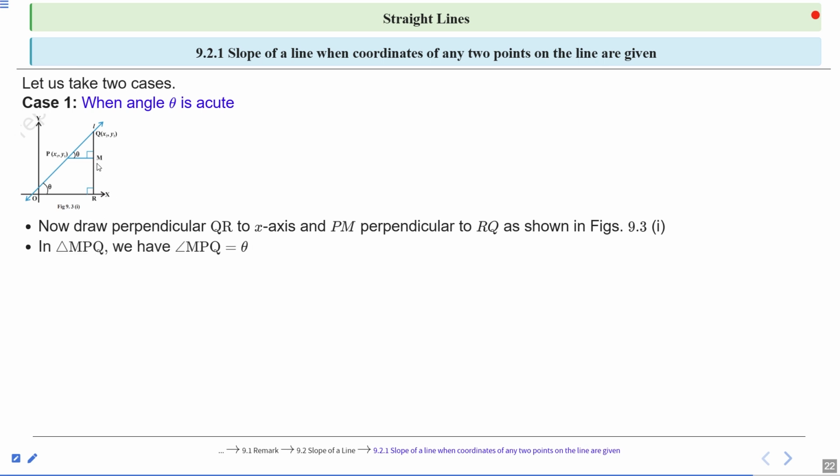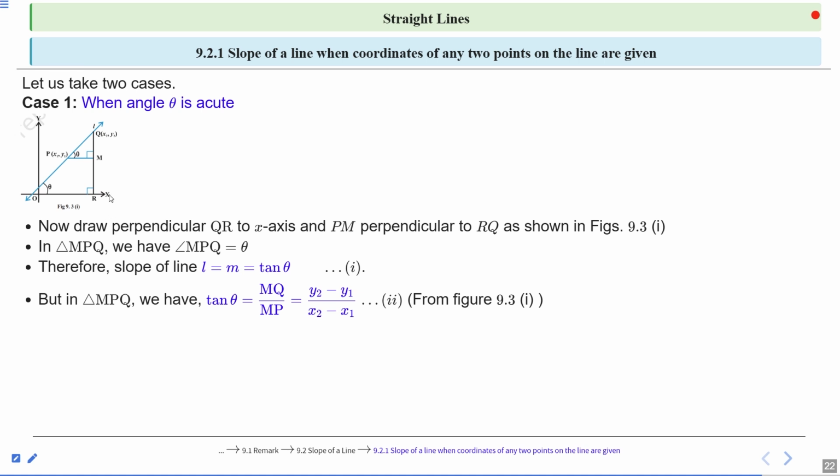Here in triangle MPQ, we have angle MPQ equal to theta. Therefore the slope of the line L is m, and this is equal to tan theta. Naming this equation number 1.